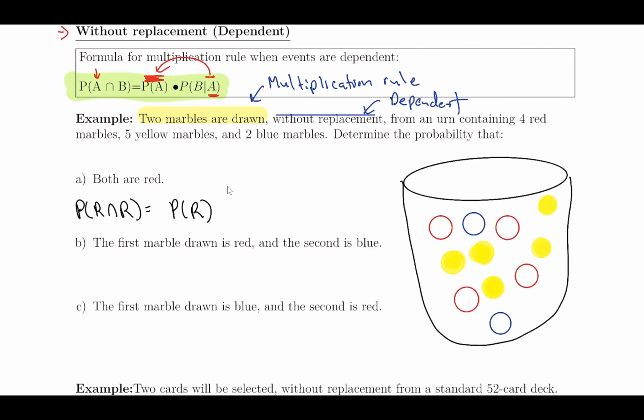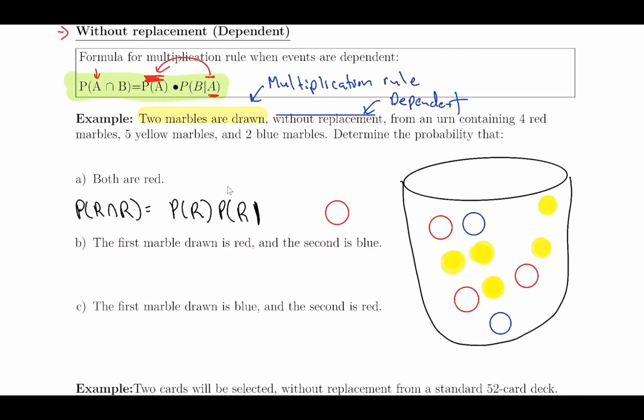So this means I'm going to randomly select the marble. I'm going to take it out. So I already know I selected a red marble. Once I say I selected the red marble for the first one, I pretty much have to take that out. So which color do I want the second marble to be? Red.